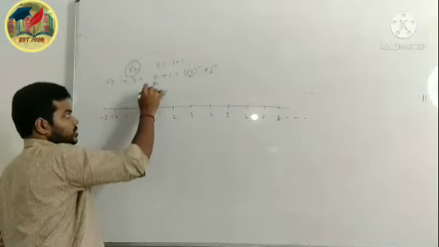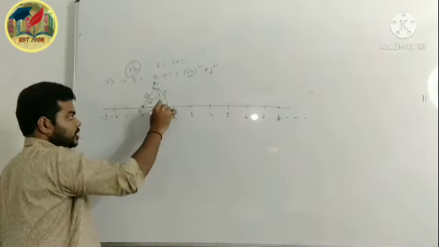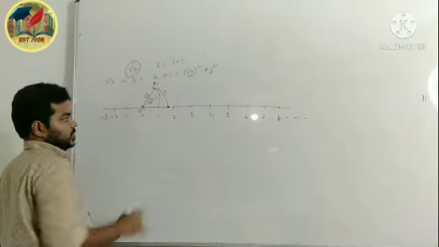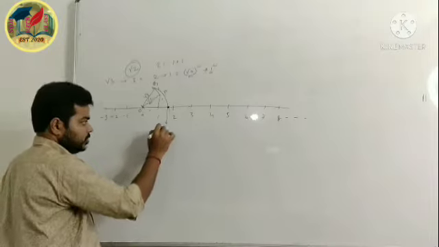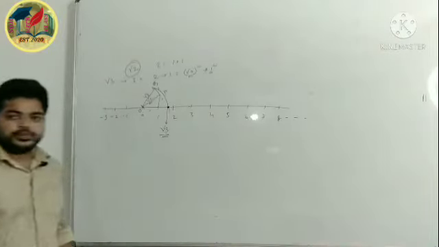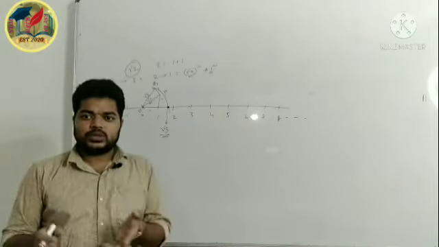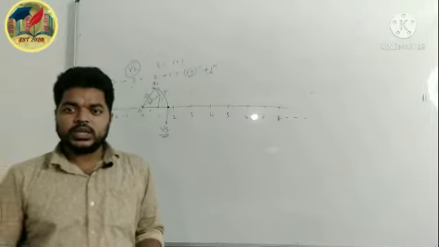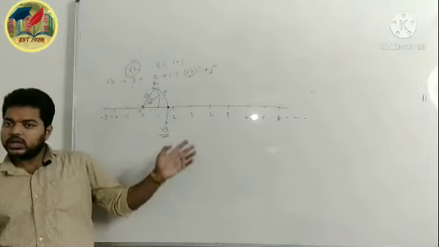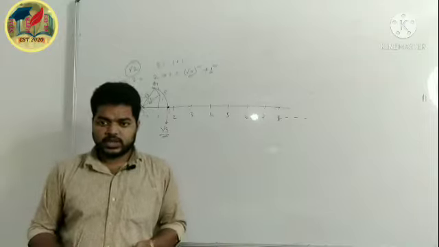Now we take the measurement of this line and plot it on the number line. This point is root 3, clear? Similarly, we can plot any irrational number on the number line in a similar way.